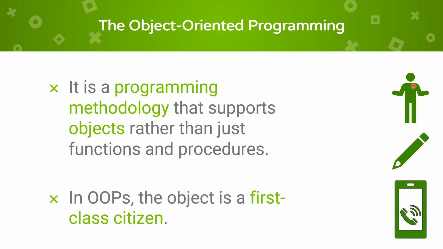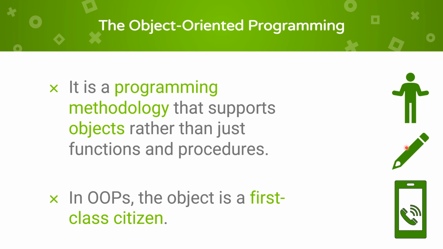Like here, a human being is also an object, a pencil is also an object, a cell phone is also an object. And one more thing, an object has its own identity, state and behavior. So each human being has their own identity, own behavior and own state as well.